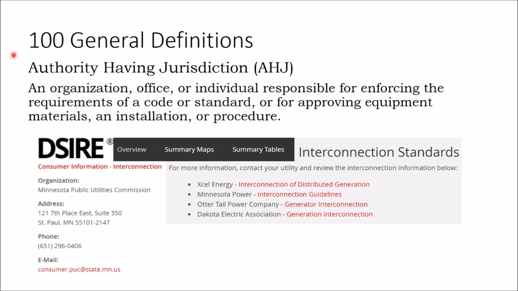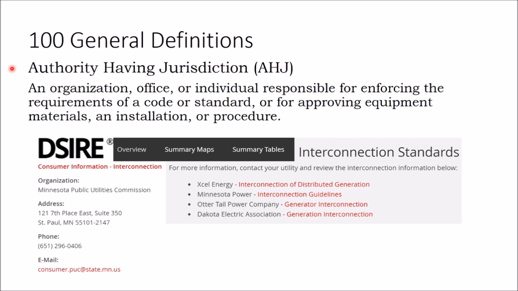And so for some issues of code, or if you want to be a little out there with your solar design, it all goes back to the authority having jurisdiction. Remember, National Electric Code is not a public document. It's not intended to be a design specification, even though your city may mandate compliance to it.